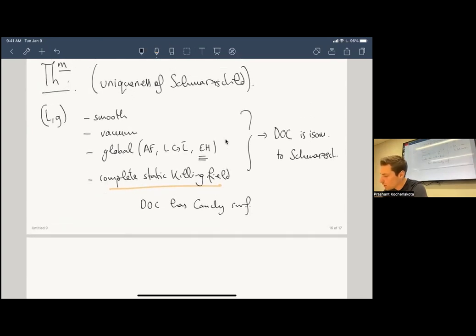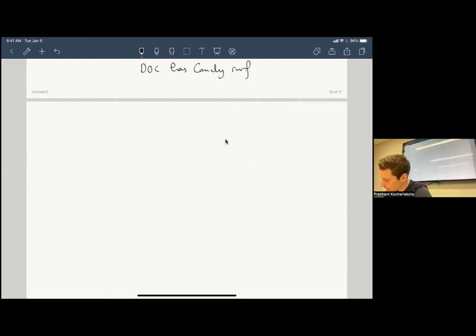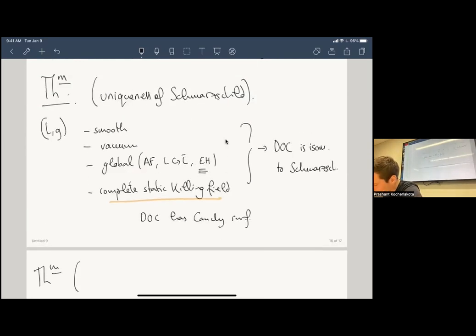Okay, so what I'm trying to convince you of here is that when you're static, the uniqueness theorem is really nice. It's very clear, there's no issue. Now, this is uniqueness of Schwarzschild.